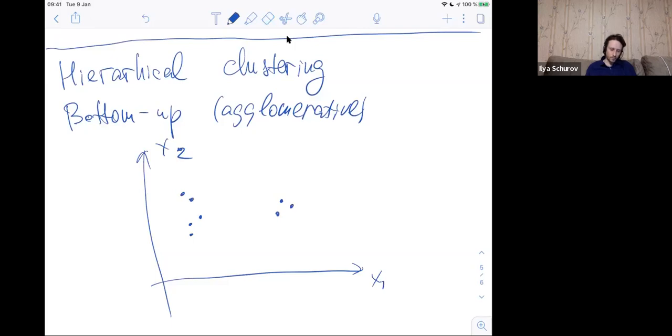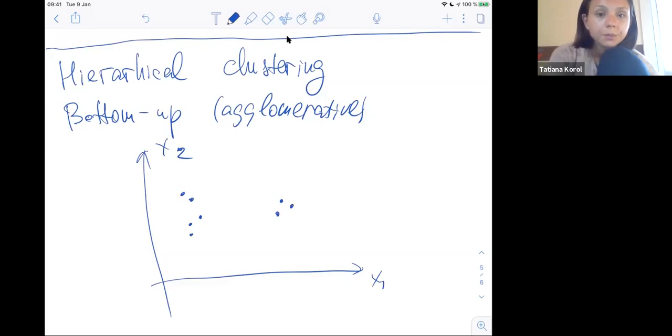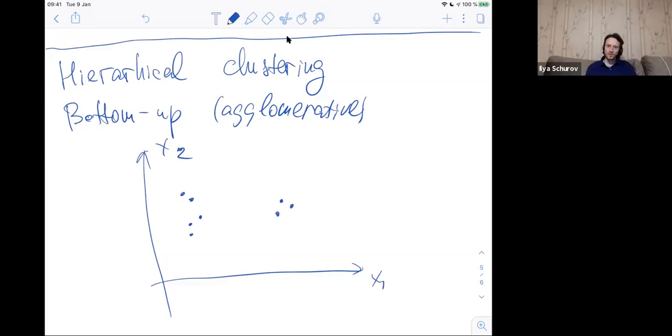So how many clusters do you see? Just your guesses, your intuition. 2 or 3. 2 or 3, yes. Both answers are in a sense correct, because we can say that we see just 2 clusters, this cluster and this cluster.